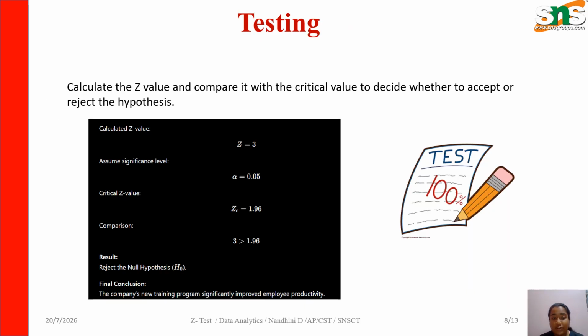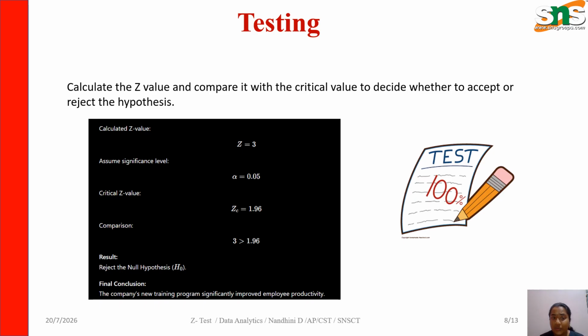Next is the testing phase. So we validate whether the prototype significantly improves the customer satisfaction. So this test compares the critical value to decide whether to accept or reject the hypothesis. So if the new tracking method does not improve customer satisfaction, then the alternative is satisfied. So we should fix the defects and check.